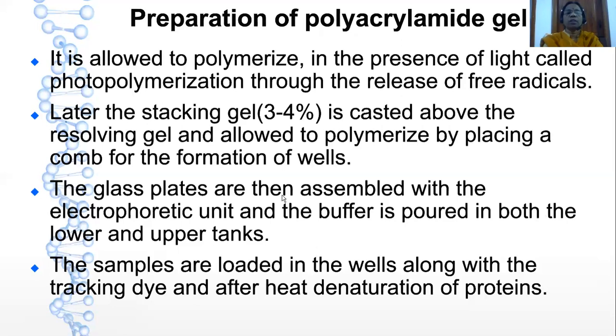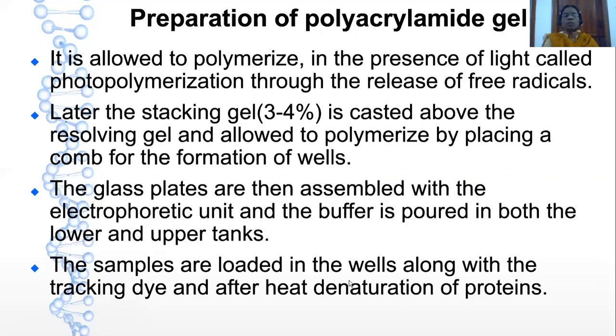The glass plates are then assembled once we have absolute polymerization of both the resolving gel and the stacking gel, and once we have inserted the comb, the wells have also formed properly. This assembly is transferred to the electrophoretic unit and then the buffer is poured in both the lower and upper tanks. The samples are loaded in the wells along with the tracking dye as we discussed earlier, after heat denaturation of the protein.